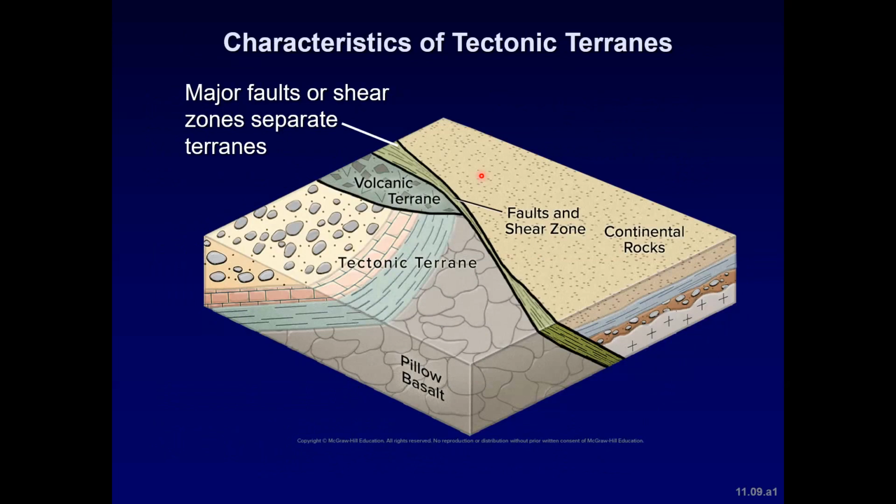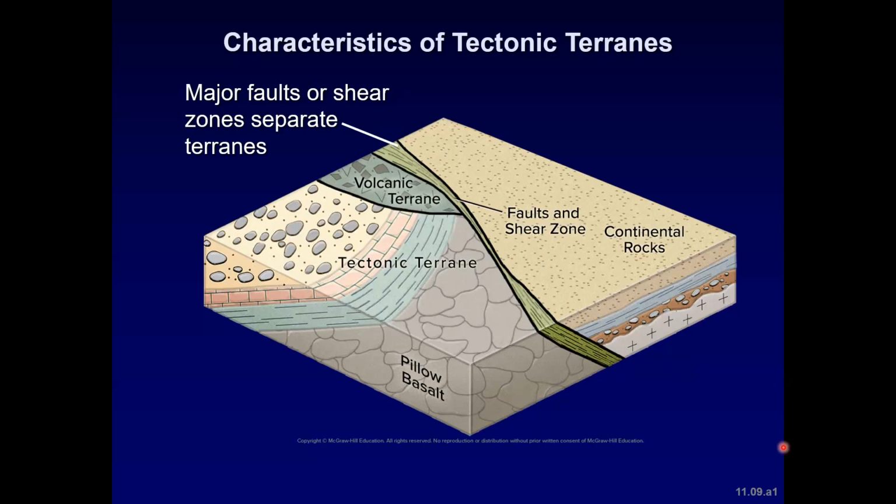Let's think about tectonic terrains. And what are those? That's where you have a bunch of different types of rocks sort of squished together, and they are bounded by faults and shear zones typically. You see the boundaries in black. So adjacent tectonic terrains have different sequences of rocks, ages of rocks, and types of structures.